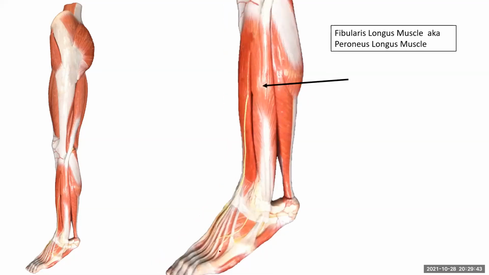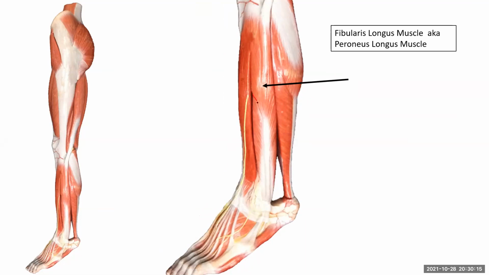All right, let's look at the lateral compartment. If you recall, there's only two muscles in the lateral compartment. They are the everters of your foot. So you have our fibularis longus, also known as the peroneus longus. I failed to mention that in the lecture portion of the lab presentation here. But you can either call it fibularis longus or peroneus longus. Again, the longus muscle is closer towards the knee. It's tough to see here.